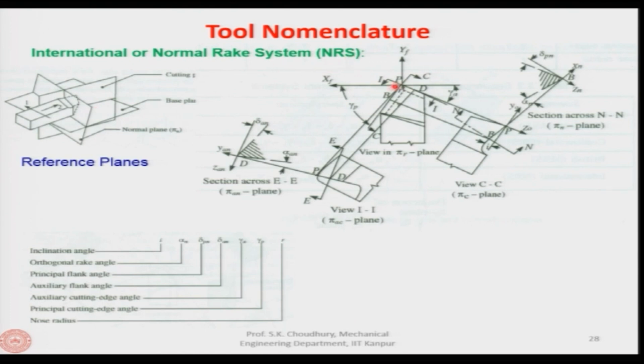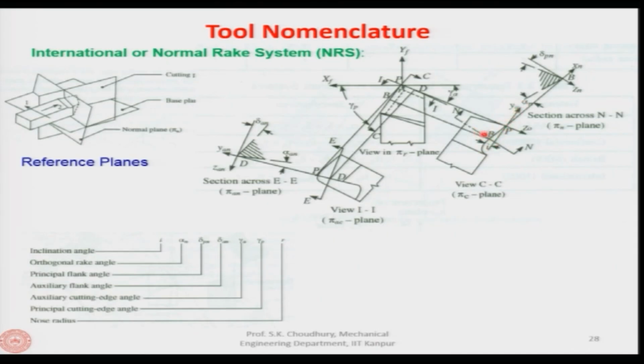So, if we have the base plane here, in the base plane we will take the planes like this. One is the cutting plane. This was given like in the case of the ORS. Of course, this view will be the same as in ORS. Here we will have the rake face, and the rake face making an angle with the y axis.